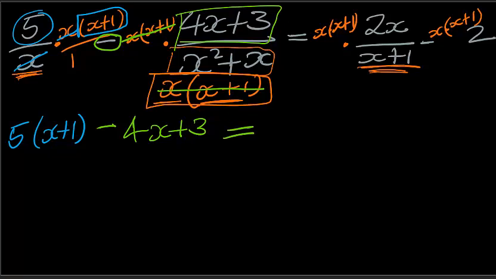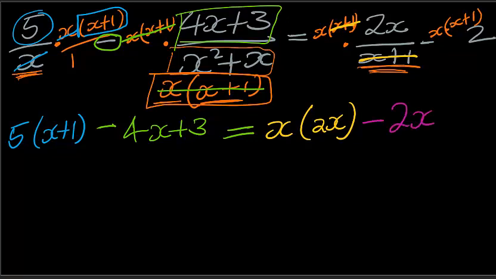And that is going to be equal to, x plus 1 cancels with x plus 1, so I have x times 2x. And my last one is going to be minus 2, x plus 1. Okay, so there's the 2, there's the x plus 1, there's the minus.